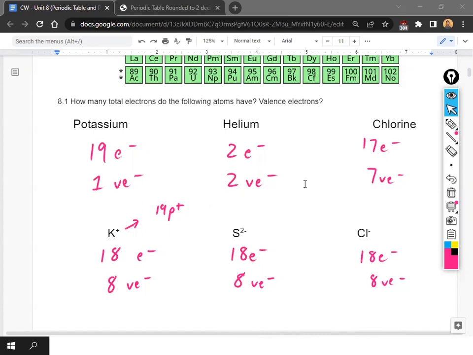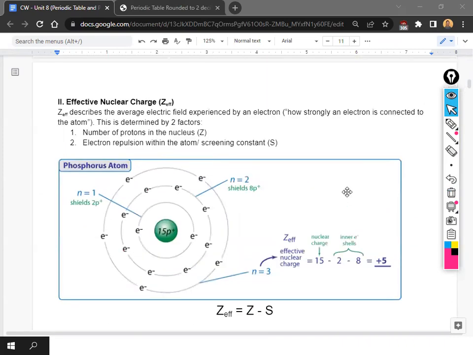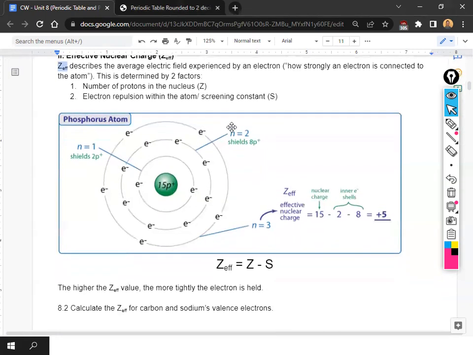Okay, so we're going to move on now. We're going to be talking about something called effective nuclear charge, okay? And what is it? The variable, we write it as Zeff. Okay, and Zeff basically tells you how strongly an electron is connected to the atom, okay? So the higher the Zeff, the more tightly the electron is held.